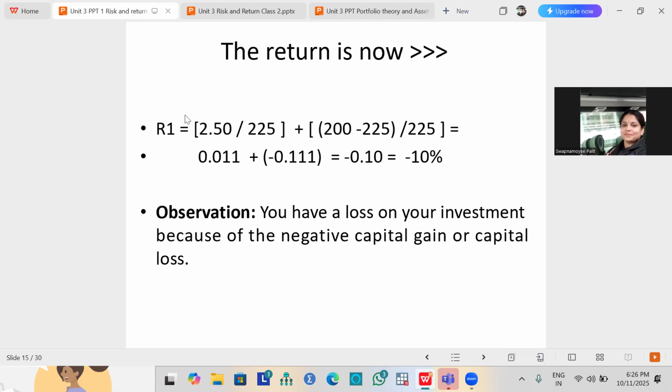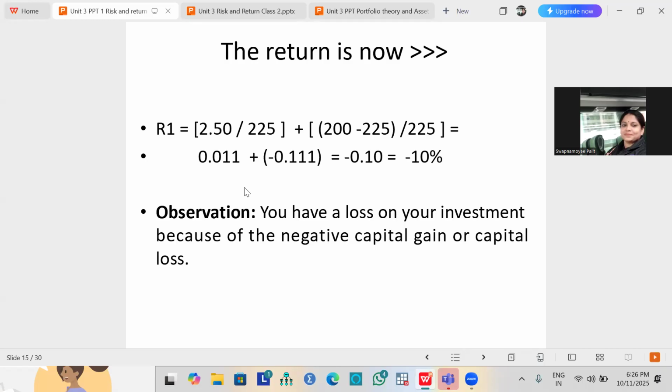Okay, you can see here, it is the same dividend yield, 2.50 divided by 225, plus your selling price, which is 200, minus 225, divided by 225. So you can see your dividend yield has remained constant. But now, because your selling price is less than your buying price, you have a loss on the other part.